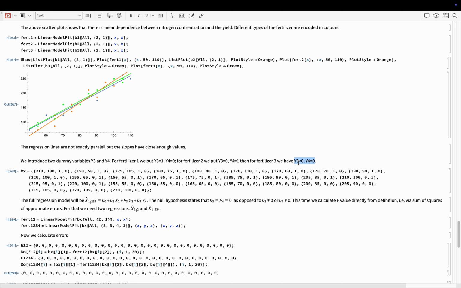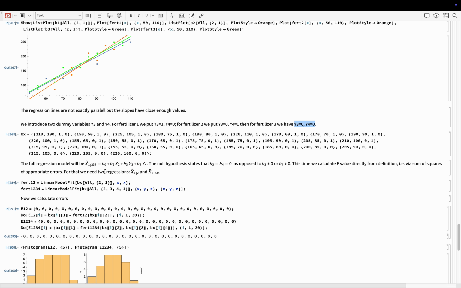And then the combination of these values gives us three subgroups in our group of subjects. And both variables y3 and y4 are now qualitative variables, but having only two values, therefore they can be meaningfully used in linear regression model.